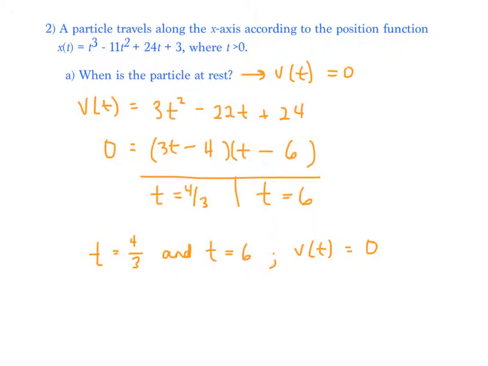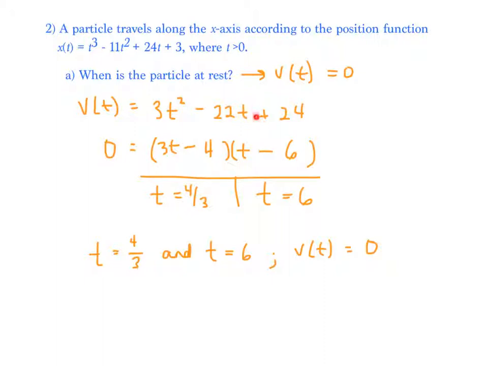Okay, so let's take a look at my work and compare it with yours. All right, so I found the velocity function here. That should have been real straightforward. Set it equal to 0, and then I had to do some tricky trinomial factoring. So I did guess and check, and a couple of tricks. I knew that it was going to have to be 3t and t in order to multiply to 3t squared. There's lots of options for 24.